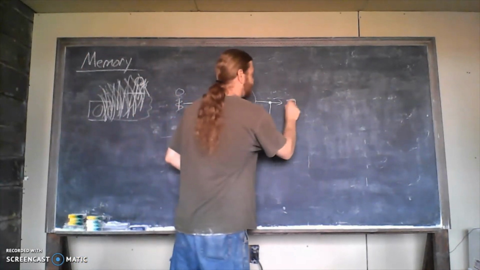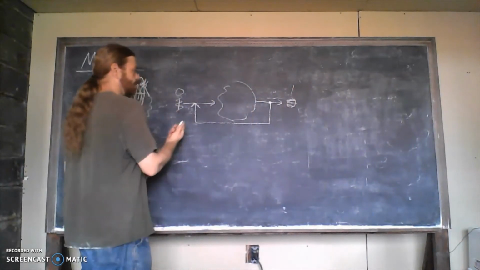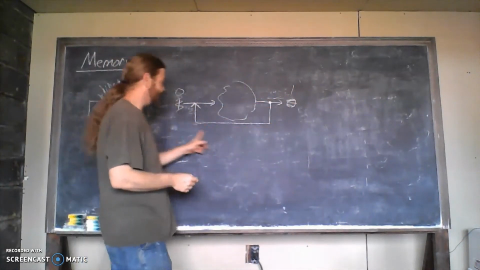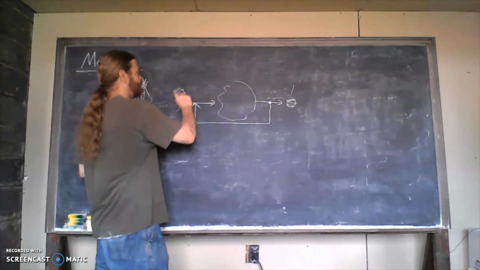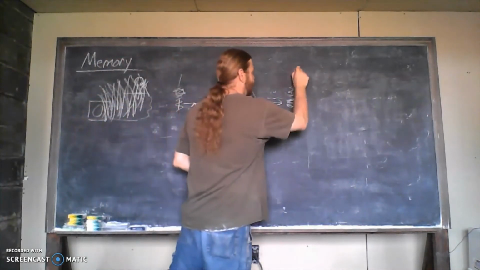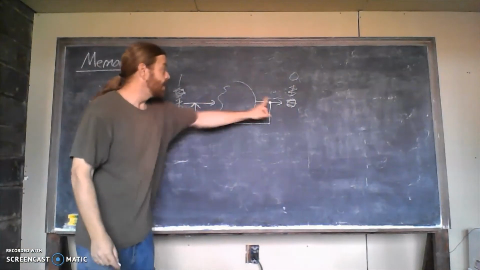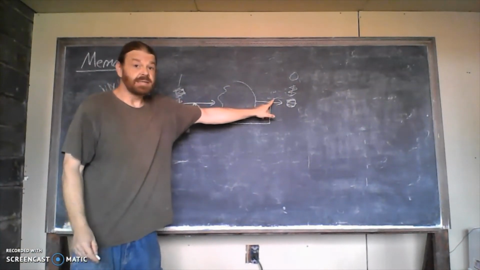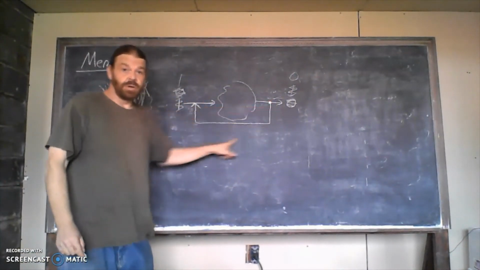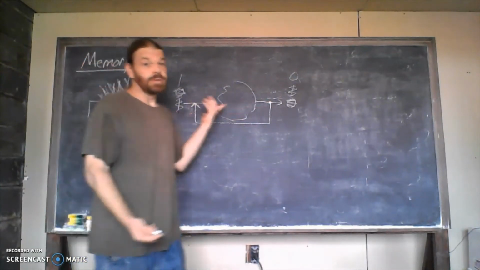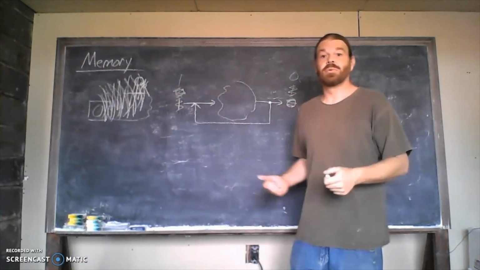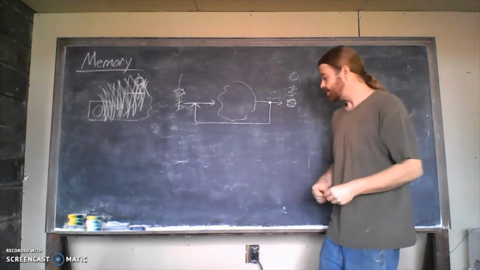Which means our output is going to be a 1. Well, that's going to feed back. So now our input's a 1. And our output's a 0. And obviously that simple case is going to keep repeating, but feedback is our output becomes our next input. We'll need that tool in order to create memory.